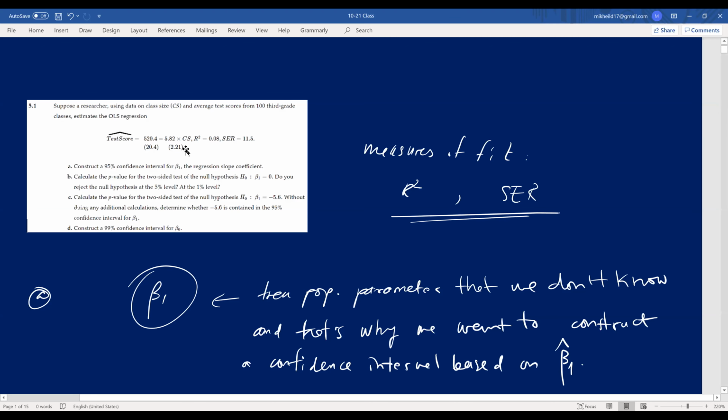Similarly, minus 5.82 is the estimated slope, beta 1 hat, and right below it, 2.21 is the estimated standard deviation of estimated beta 1, denoted by sigma hat of beta 1 hat. Am I clear? Yes.